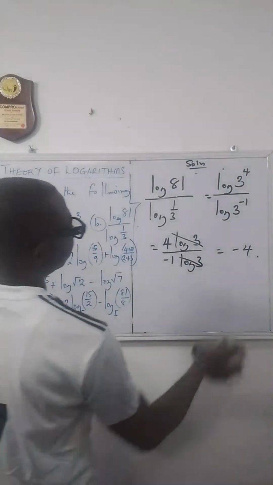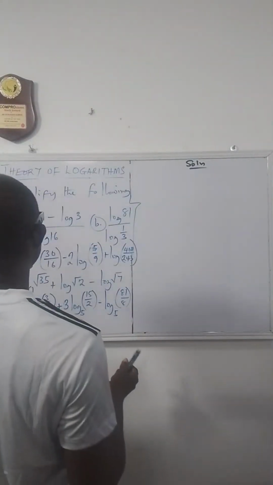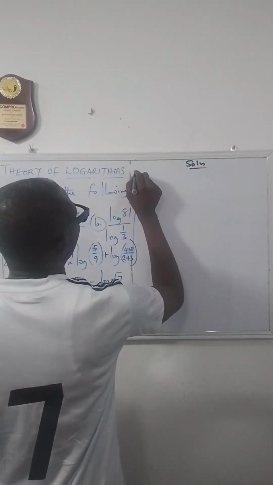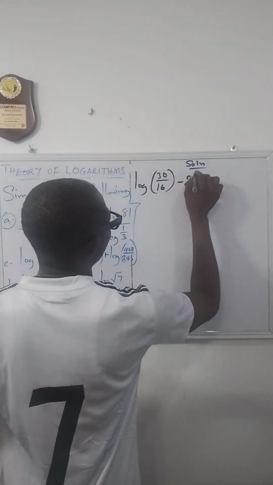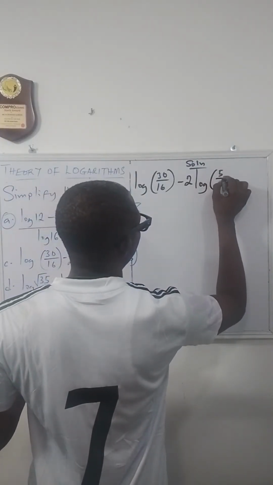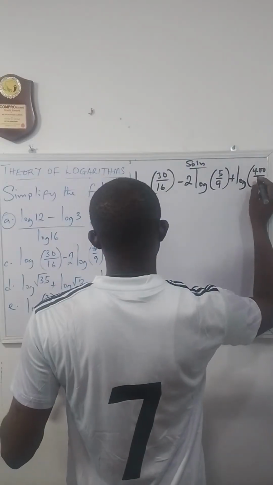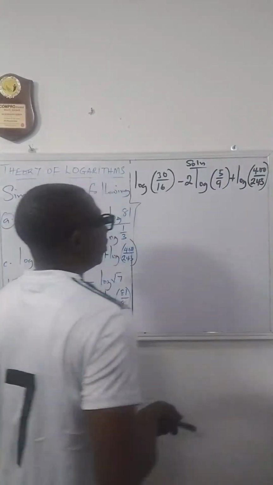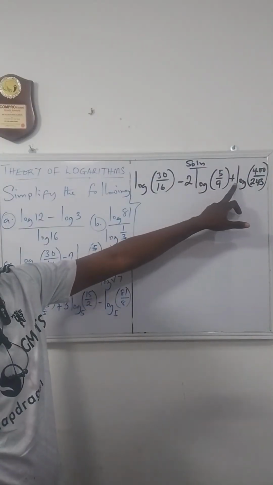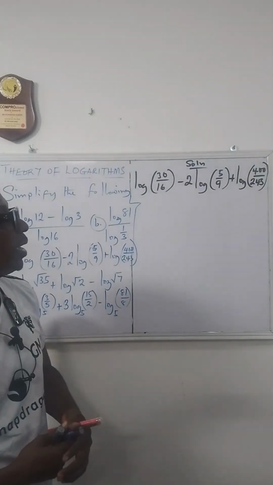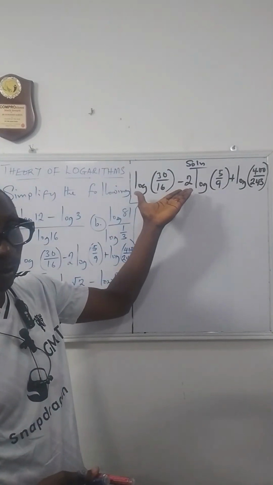Okay, can we look at the third one? Now the third one, we have logarithm of 30 over 16 minus 2 logarithm of 5 over 9, plus logarithm of 400 over 243. So this is another question involving two operations, operation negative and positive. The first thing to do here is to move these two up before you start applying the law of addition and subtraction.